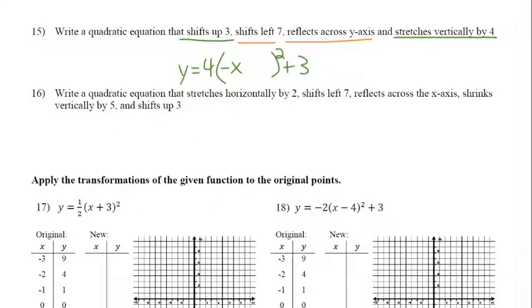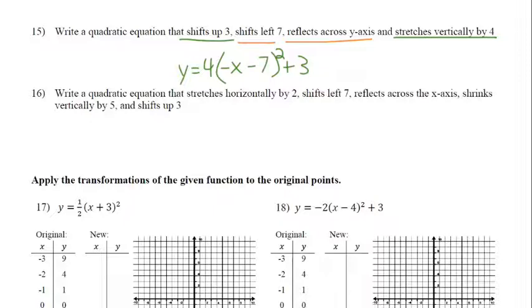And to shift left 7, you would think plus 7. However, remember when I divide that by what's in front of x, this becomes a negative 7, which a negative 7 inside goes right. So what we need to do is make this a negative 7, okay?